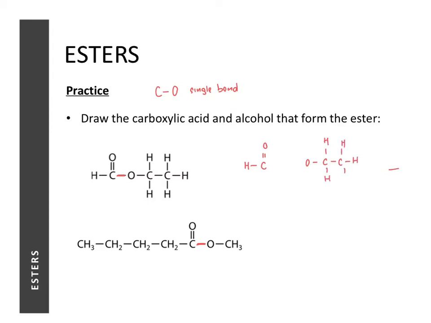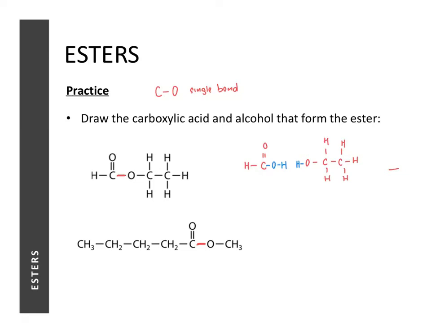And so how do I get back my alcohol and acid? I need to add back the H to the O, and I need to add an OH to my carbon containing the CO double bond. So this is how you can get the acid and the alcohol from the structure of the ester.